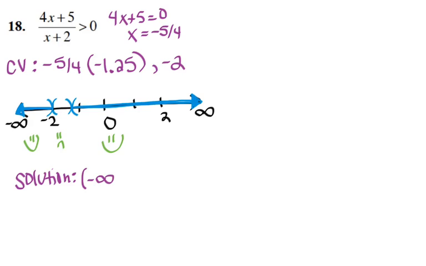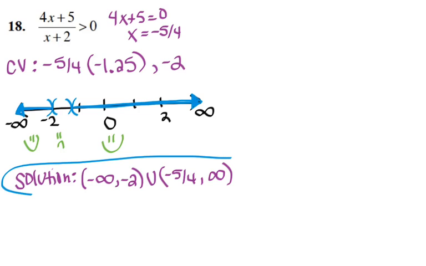My first interval goes from negative infinity to negative 2. Don't forget the union symbol, because you have 2 intervals. And my second interval went from negative 5/4 to infinity. You can use negative 1.25 if you want to, since that decimal terminates. But if you had a repeating decimal, I would much prefer the fraction. Alright, so there's your solution and your graph for number 18.